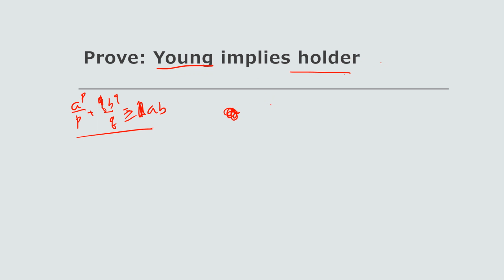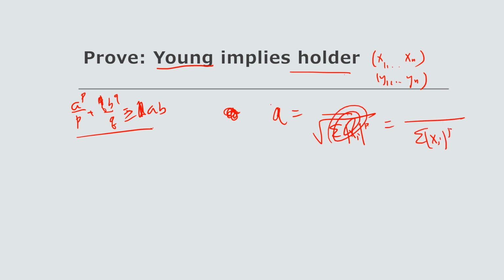Suppose I have x1 to xn, y1 to yn, which are complex or not, because I will take the absolute value, so it's fine. I let a_i be xi divided by the summation of xi to the power p, to the 1 over p.